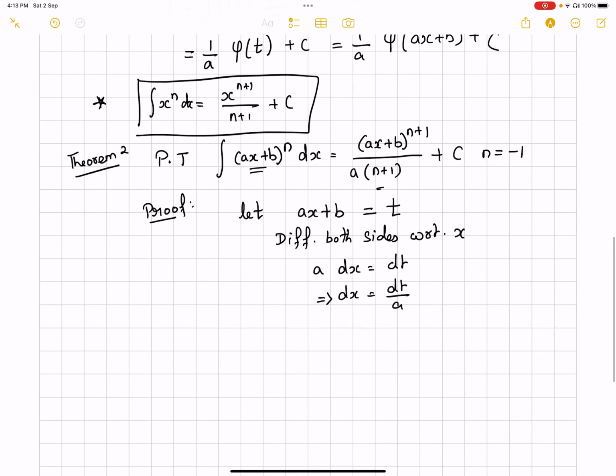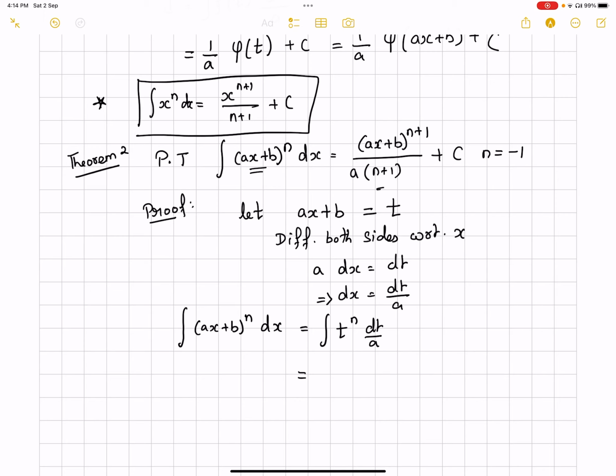Now, let me just go ahead and substitute. Integral ax plus b whole to the power n dx is getting replaced by integral t to the power n dt by a after substitution. Okay, so everything is getting replaced.